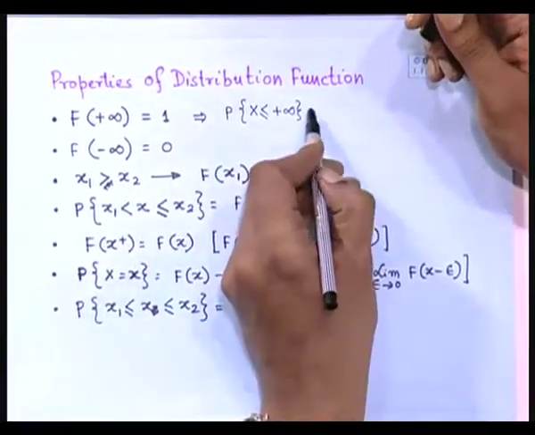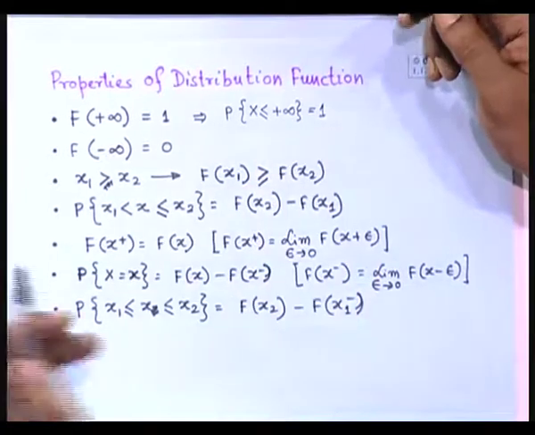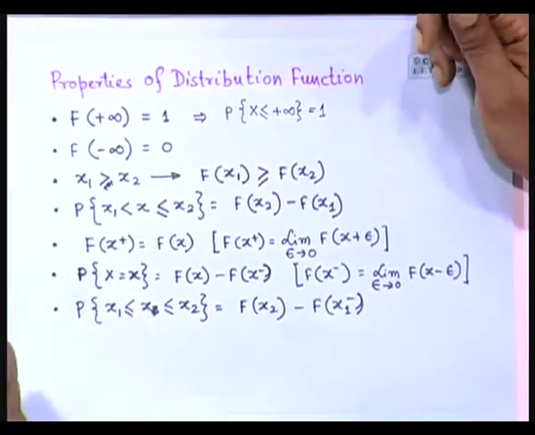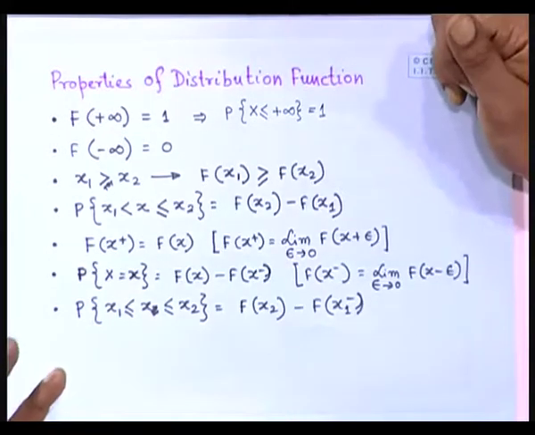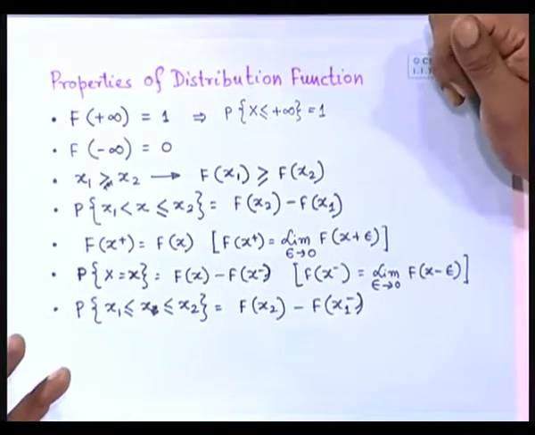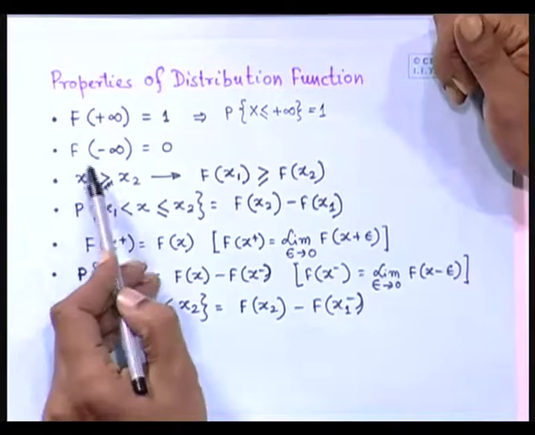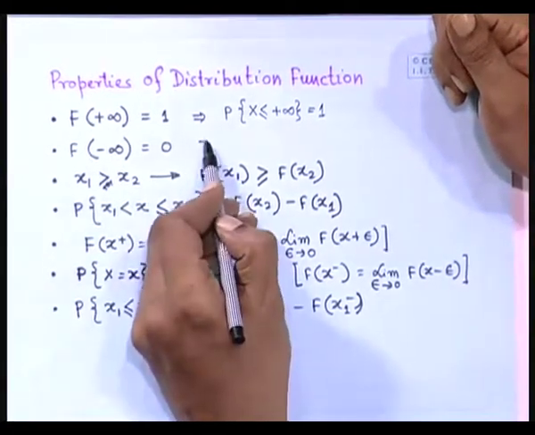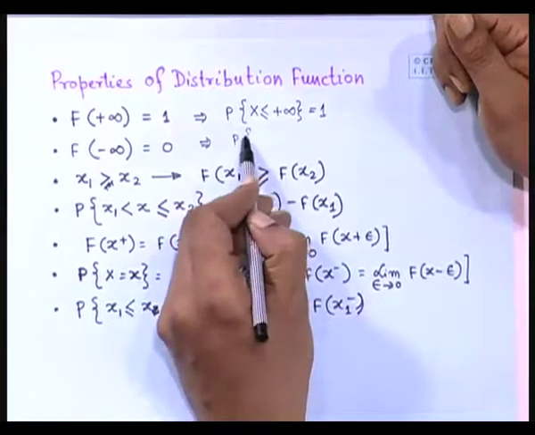So obviously it is 1, because whatever real value x takes, it is going to be less than or equal to plus infinity. Similarly, f of minus infinity will be equal to 0. So this is also natural.